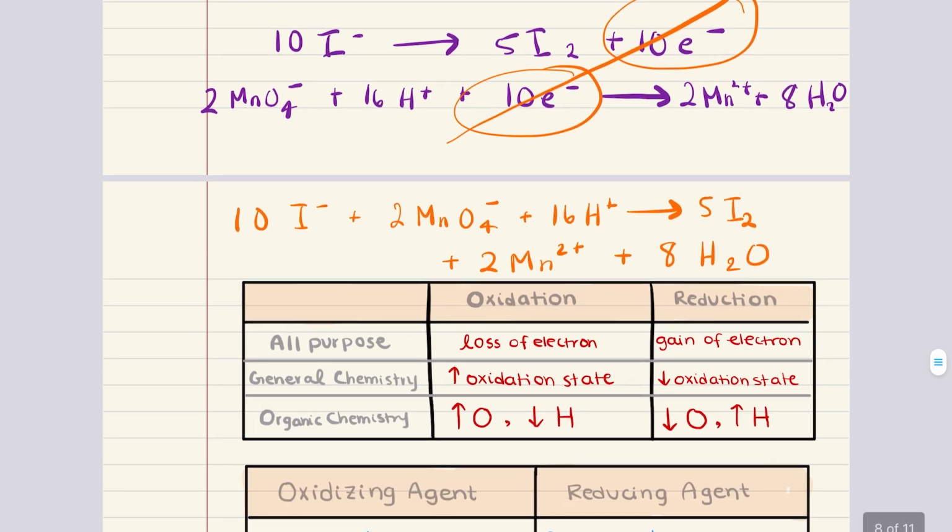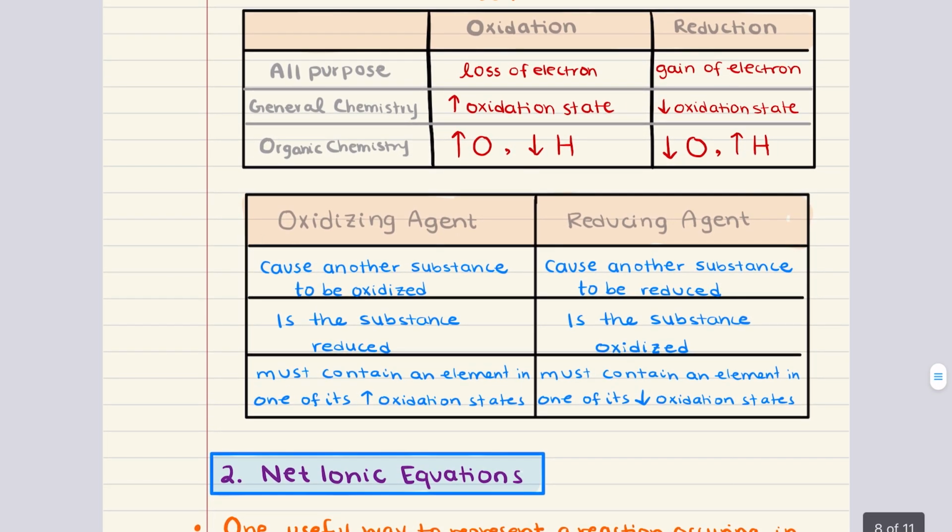Let's go ahead and move into our final conversation before we move into our last and final objective. To conclude this section, it's important to revisit and clarify the terminology that we used for oxidation, reduction, and their corresponding agents. The phrasing may vary slightly across different classes or textbooks, but the underlying concepts remain the same.